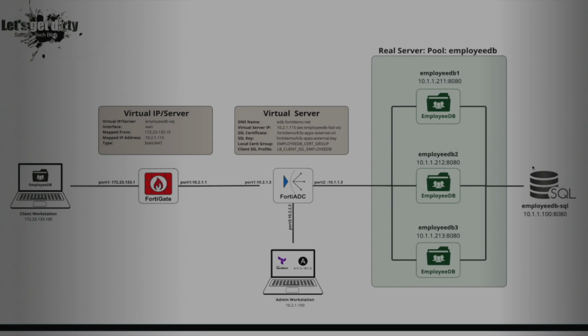From there we pick up the traffic and load balance it over the real server pool. It's called employee DB on the right-hand side. And we have 3 hosts: employee DB1, employee DB2 and 3. All 3 are Linux server Docker hosts running the application on port 8080.